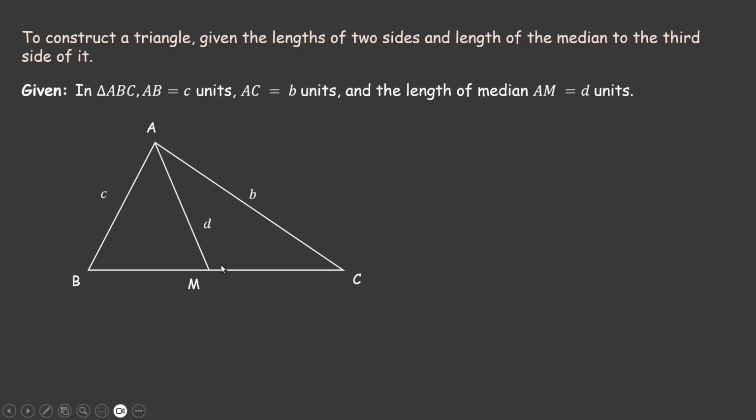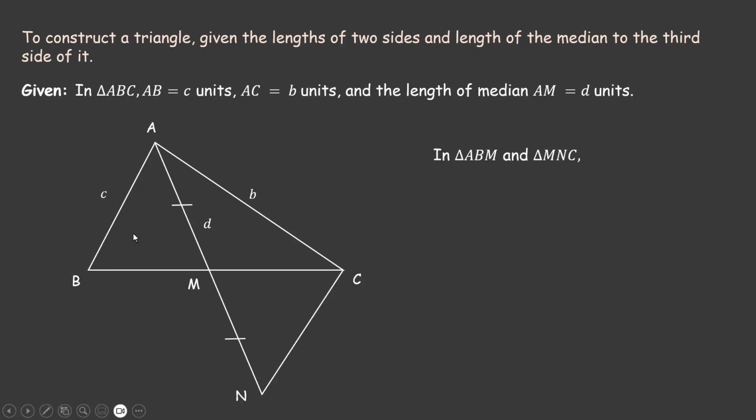Now, if we just extend this AM to AN such that AM is equal to MN, and then we join NC, why we're doing this is because then we are going to have these two triangles and we can use congruency of triangles to find out this length. We are actually aiming to have three lengths of a triangle so that we can start a construction using that.